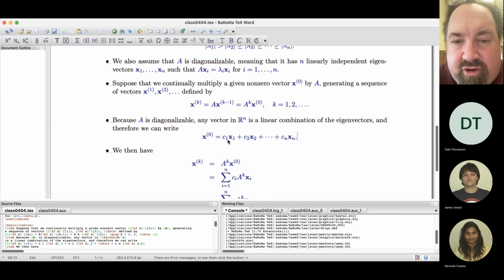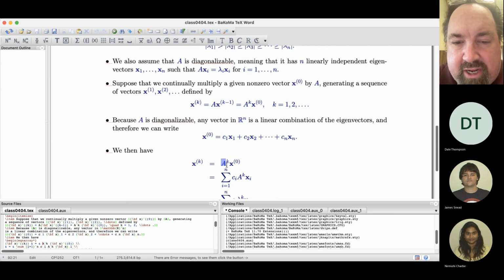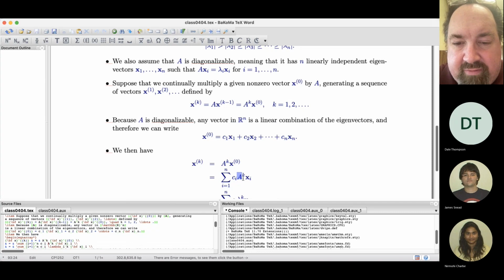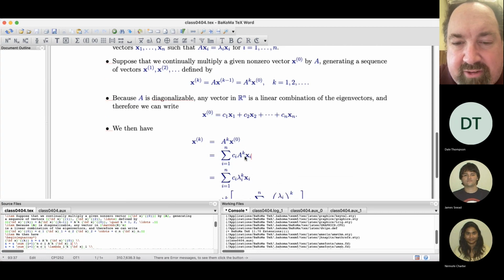And then each term in that expansion will get multiplied by A^k. But each of these x_i is an eigenvector of A. So multiplying by A^k is the same as scaling by lambda_i^k.